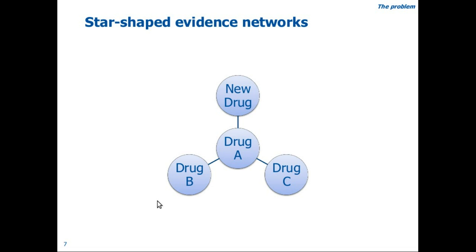But the main distinction is that one method, which I'm going to call indirect analysis for now, restricts itself to looking at one route within the evidence network. In our case, this is the route between our new drug and drug B via drug A. So that's an indirect analysis.